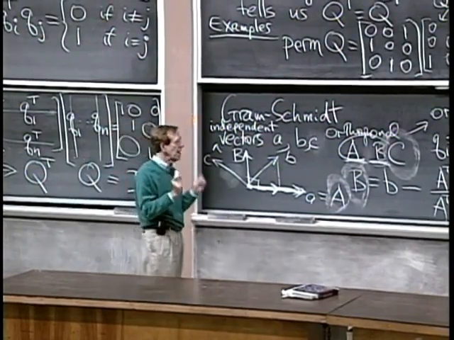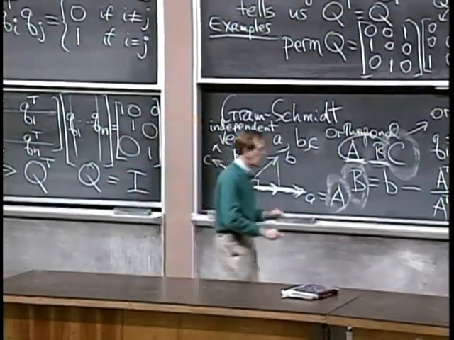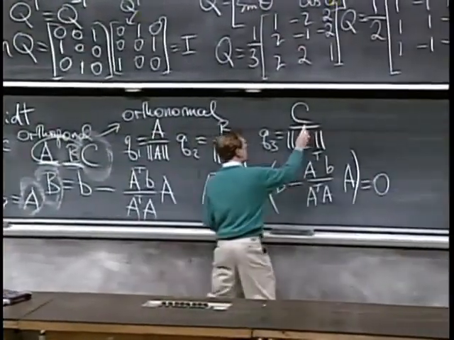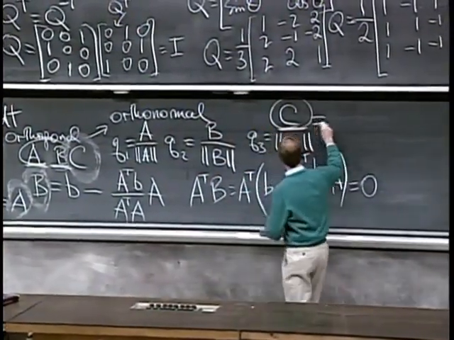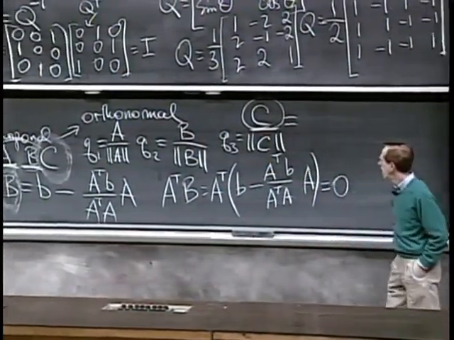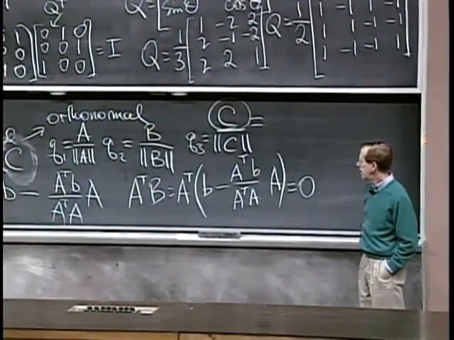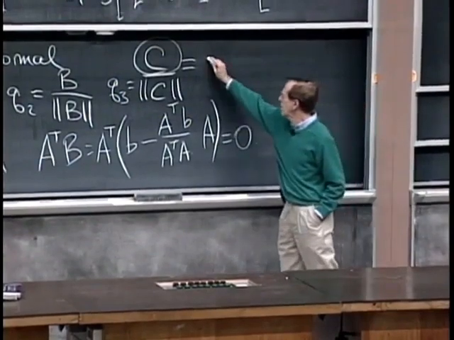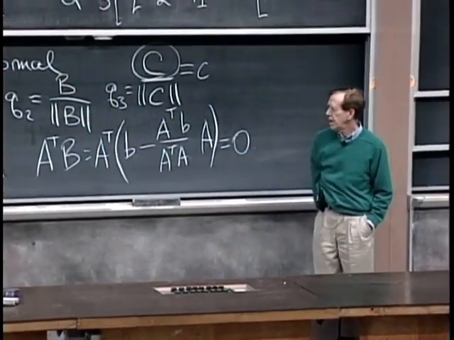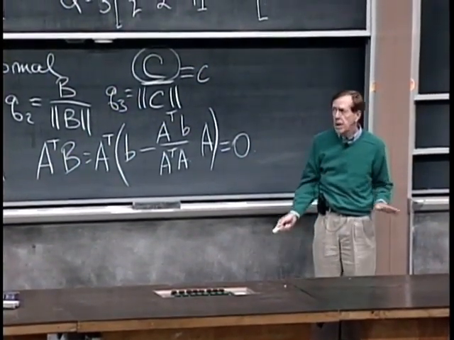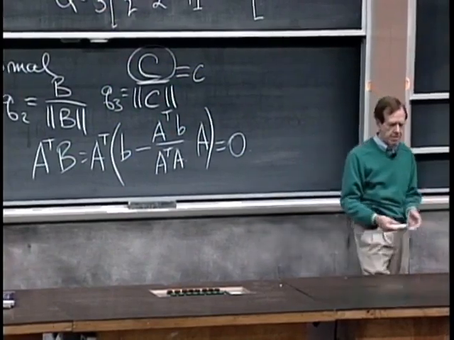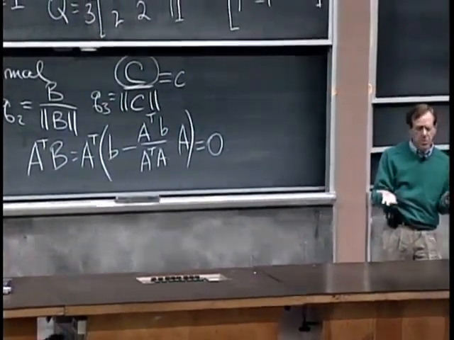So now, what's the idea? Give me the Gram-Schmidt formula for C. What is this C here? Equals what? What am I going to do? I'll start with the given one, as before. I start with the vector I'm given. And what do I do with it?